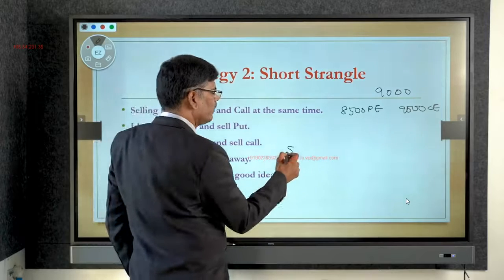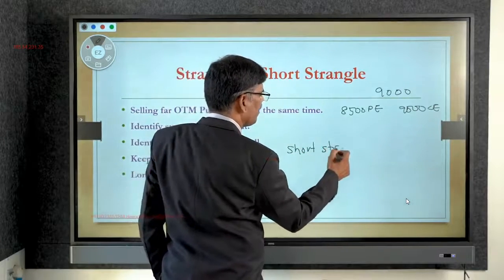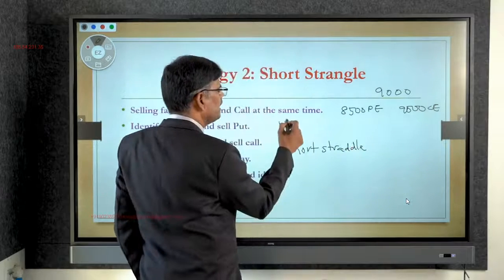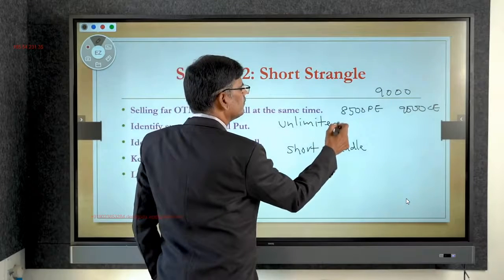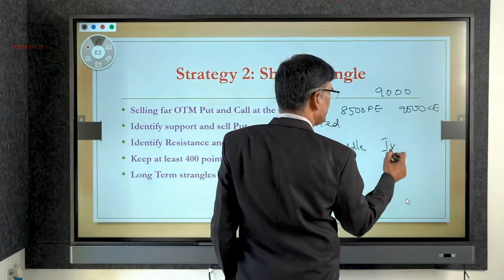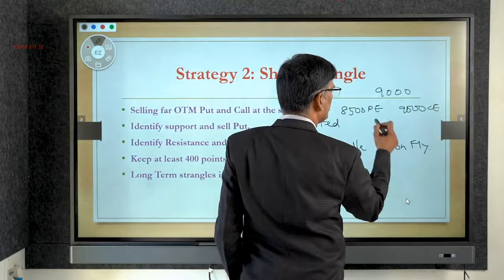So first we discussed short straddle. The short straddle is unlimited risk. And then you buy a call option and put option. I told you that becomes iron fly.